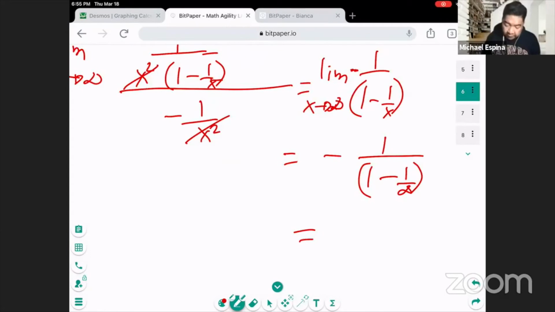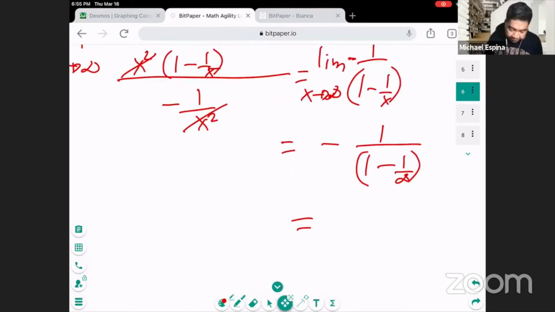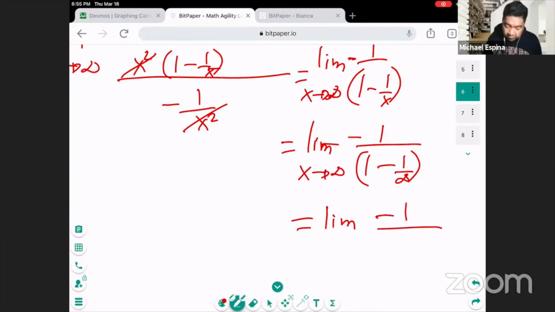Or we can manipulate this as the limit of negative 1 over (1 minus 1 over x).